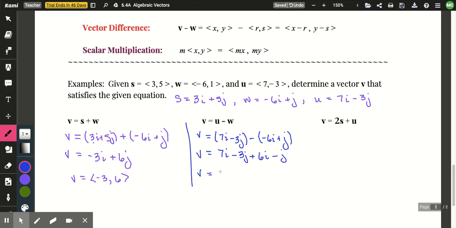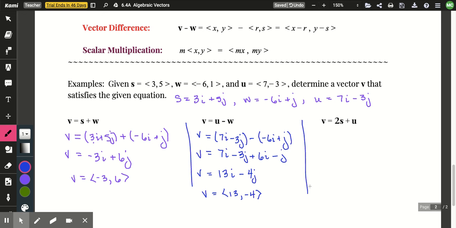So 7i plus 6i would be 13i, and negative 3j minus j would be negative 4j. And so that would be in linear combination form. If I needed it in component form, that would be easy enough to do.